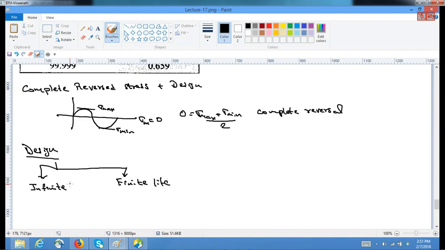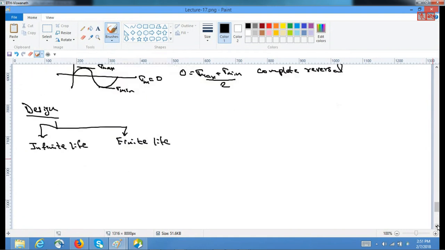So if you want to design for infinite life, things are pretty easy, because we already discussed something called the endurance limit. And for a given surface finish and other things, we even corrected the endurance limit. So all we need to make sure is that the maximum stress in those regions has to be less than the corrected endurance limit.